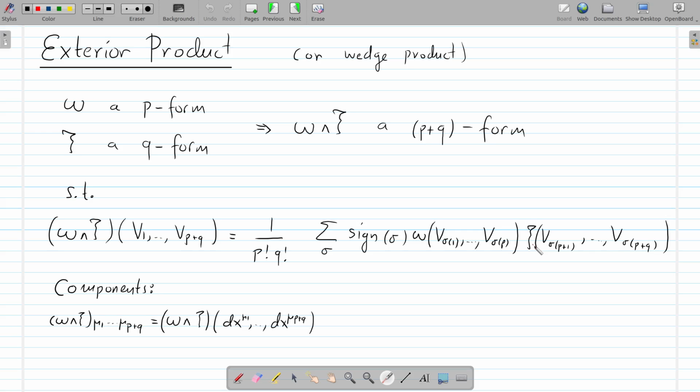So let's see what the components of the wedge product are. Omega wedge xi has p plus q indices here, and they can be computed by considering the image of p plus q members of the coordinate basis dx^mu. We apply the definition of the wedge product here and put the dx^mu's in the slots of omega and xi in all possible different ways.